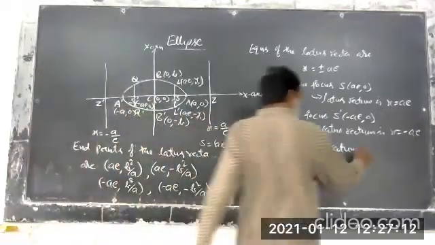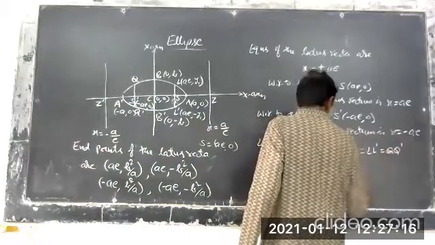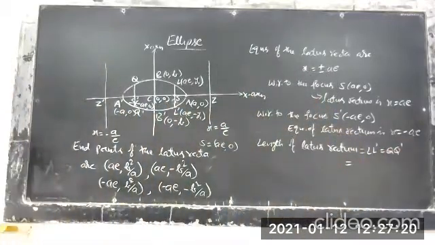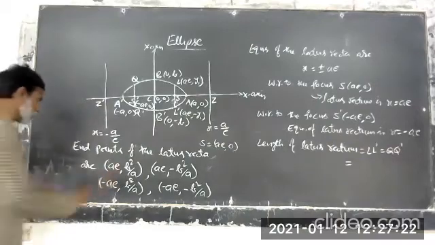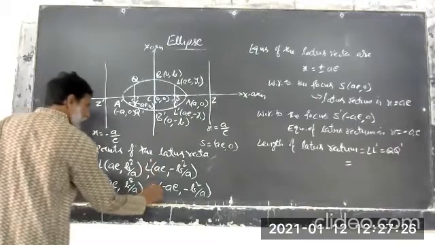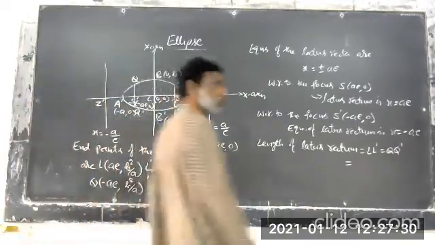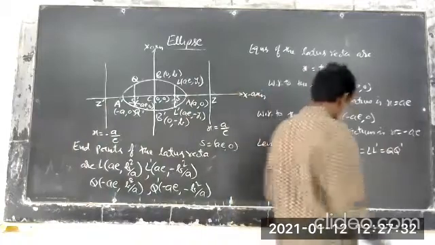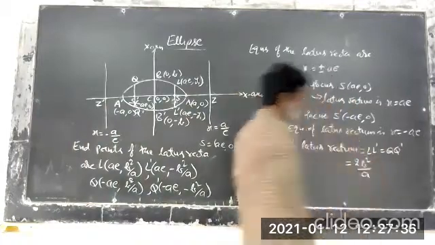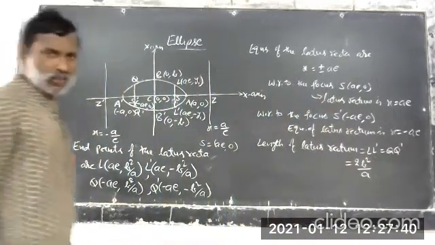From the diagram it is the same as L L dash or Q Q dash. Find out, simplify that. What is the distance between L and L dash? It is 2b square upon a. So the length of the latus rectum is 2b square upon a.